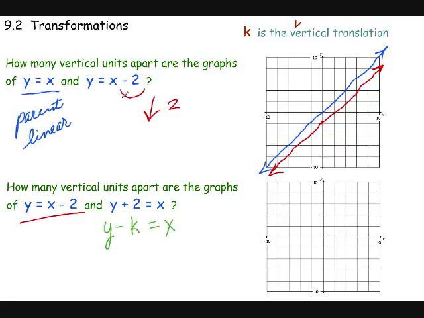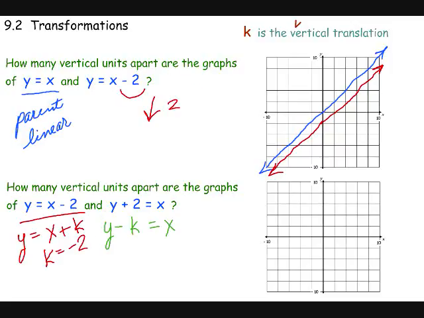This one, and I will change my pen back. This one was y equals x plus k. My k was a negative 2.